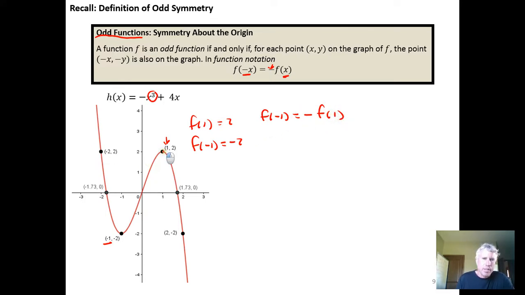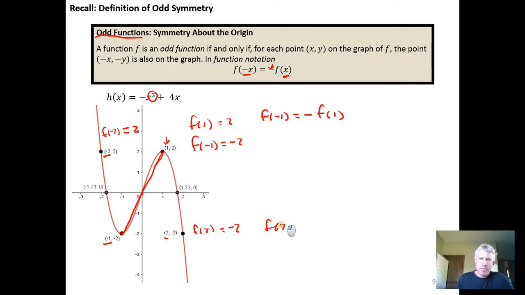We get the opposite result. This point here is a reflection of this point here through the origin. We can reflect these points through the origin and they'll match up. You plug in negative 2, you get an output of 2, and you plug in positive 2, we get an output of negative 2.